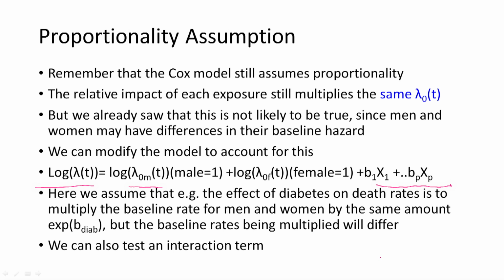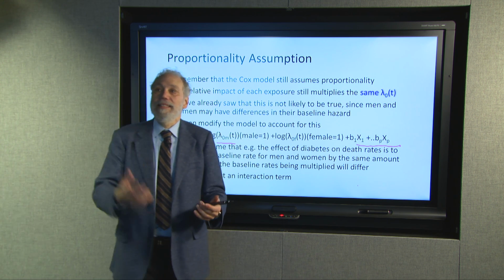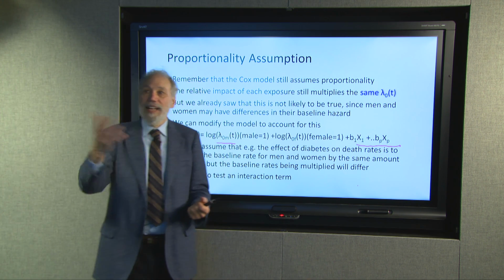So again, for example, the effect of diabetes on death rates is to multiply them both by the same ratio for men and for women. Let's say diabetes increases your risk of dying by 1.15.